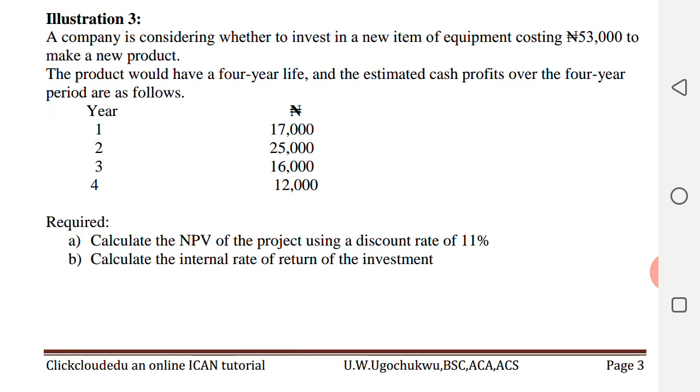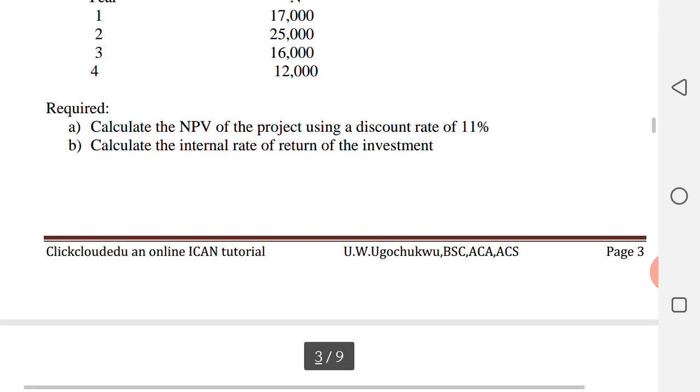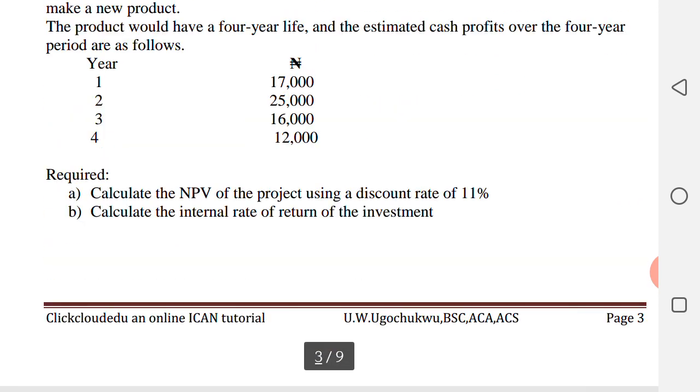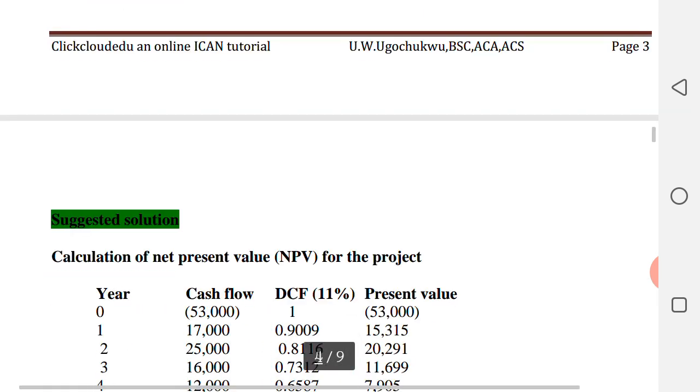You have to calculate the NPV of that project using a discount rate of 11%, and the IRR of that project. Here, we can use the table. We cannot use the annuity formula here, because if we were given 17,000 for the whole 4 years, then we could use it. But because we are given different cash profits for each year, we cannot use that annuity formula. Now let's look at the suggested solution.